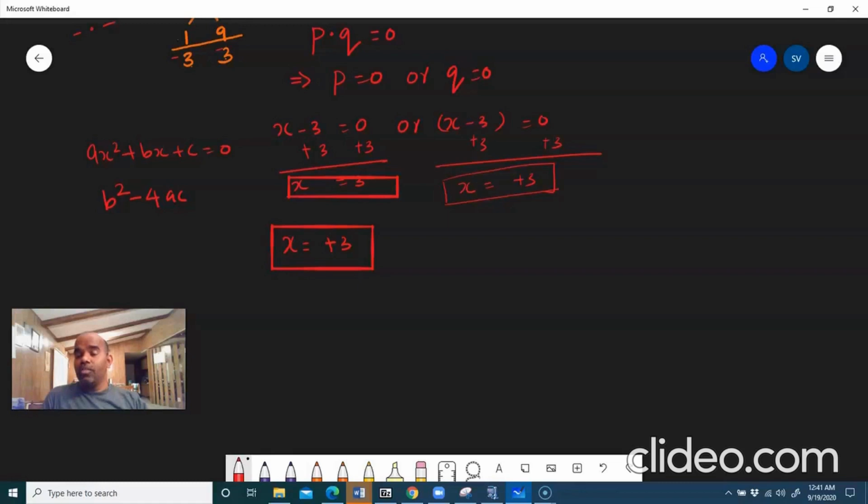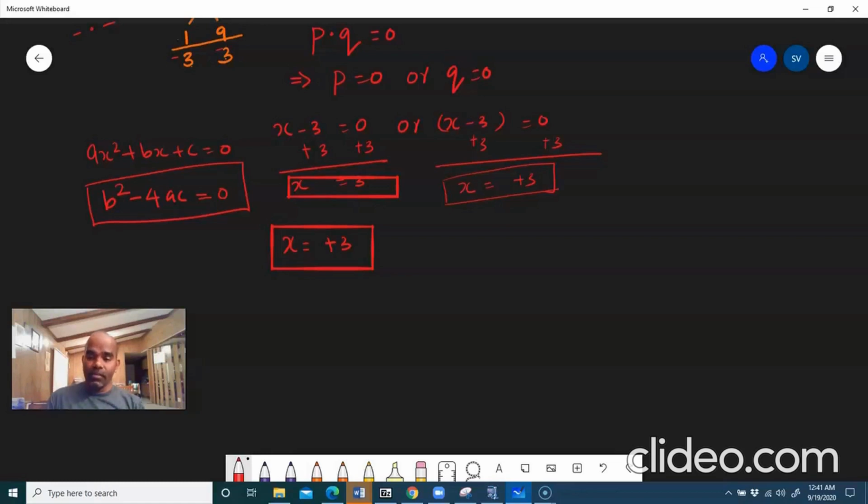Okay, for this particular equation, if you find the discriminant, you can see that b square minus 4ac will be equal to 0. That is the reason this equation will have only one solution. Sorry, we have two solutions, but those two solutions are the same. So that is the reason behind why this is having the same solution.